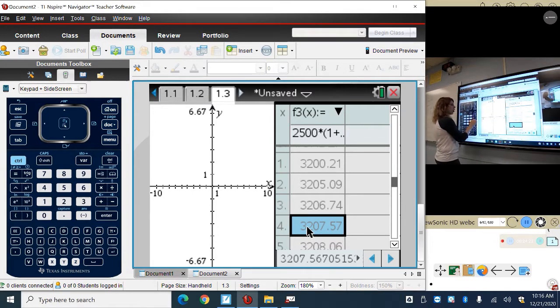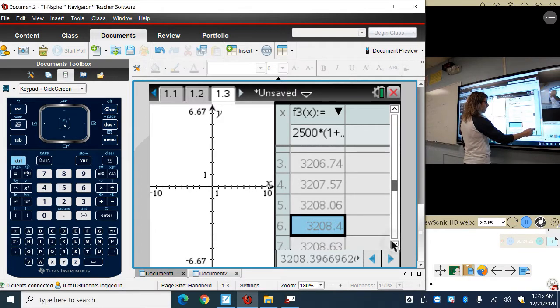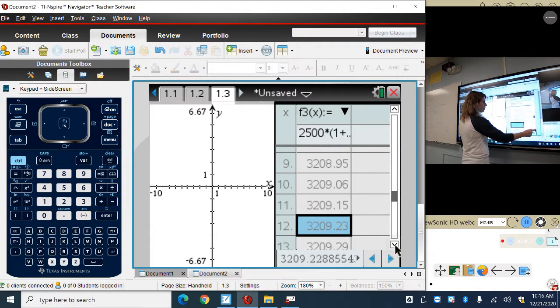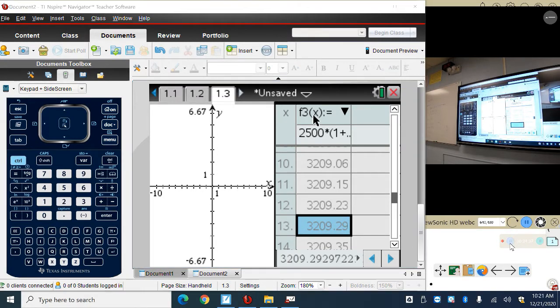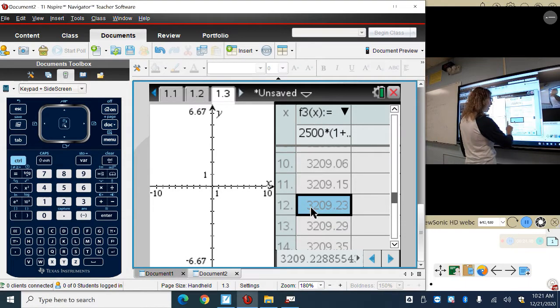And I can go down through here and see all my values at 12 months. Now, you can see that at 12, compounded monthly, you have $3,209.23.